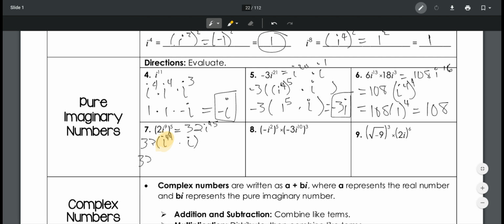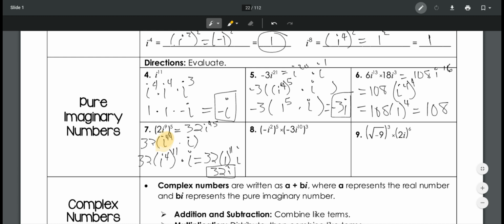So 32, if I do the reverse order of my power property, that would be i to the 4th raised to the 11th power times i. Now, that gives me 32 times 1 to the 11th power, because i to the 4th is always a 1, times i. So I get 32i as my final answer.